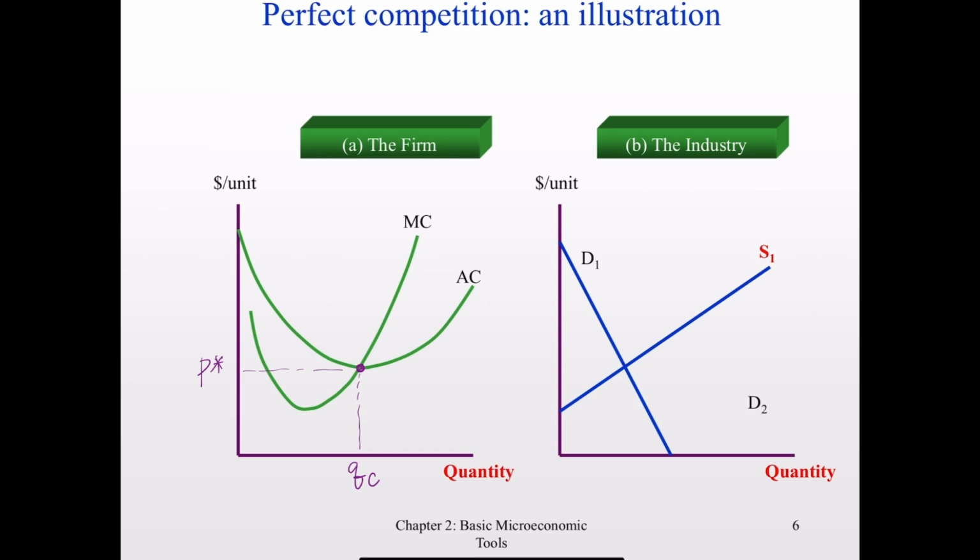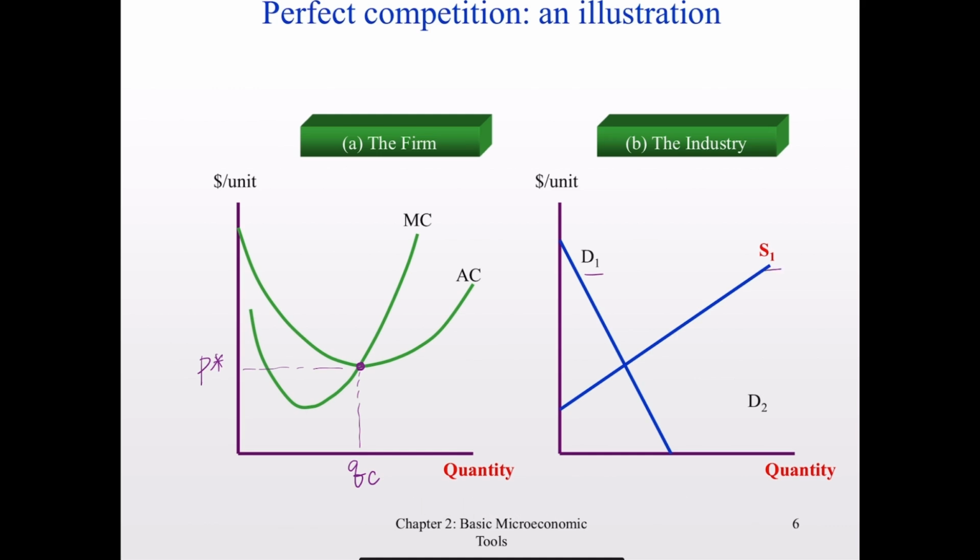Let's shift our attention to graph B, on the right-hand side, which shows the entire industry. We start with the market demand D1 and supply curve S1. At this initial equilibrium, where D1 equals S1, the market price is P star, and the total quantity produced in the market is Q star.